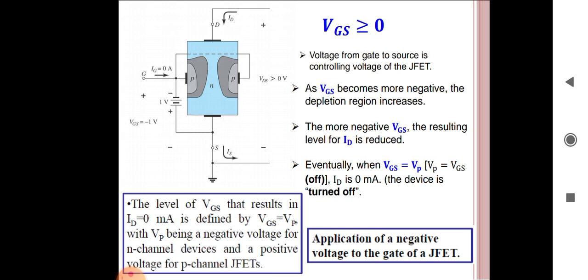Because of the increase in depletion layer, this will reduce the channel width, so fewer electrons can pass through the channel. Therefore, drain current ID reduces with increase in negative VGS. If we apply negative VGS, then channel width reduces and it starts blocking your channel, right?